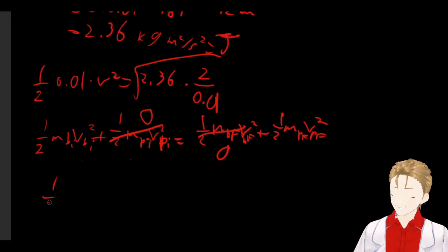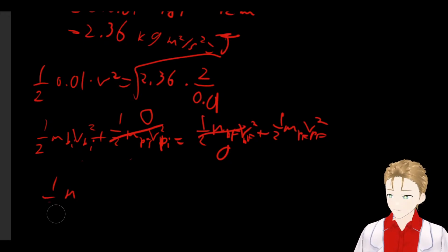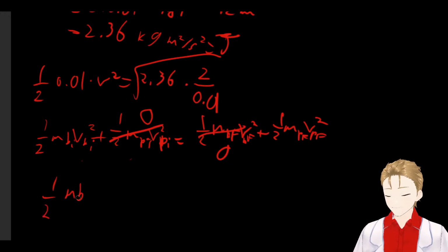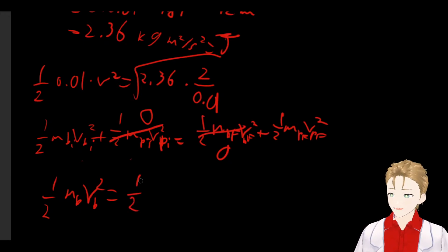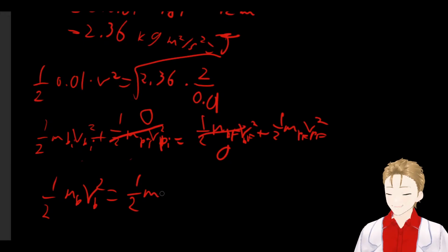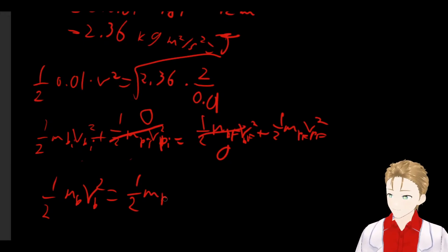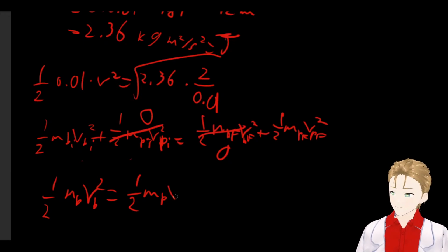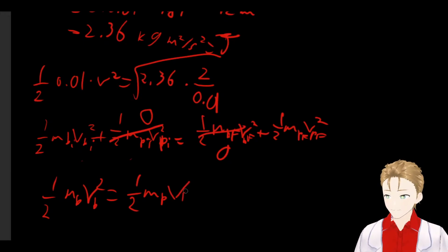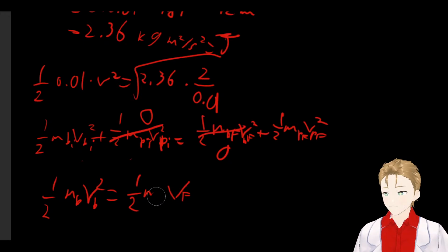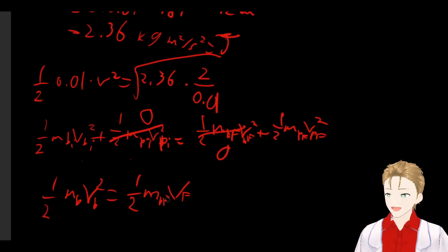So we get 1/2 mass of pendulum, velocity of bullet squared, 1/2 mass of pendulum velocity, yeah, pendulum final.